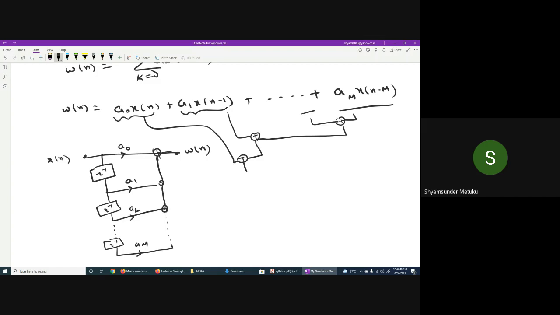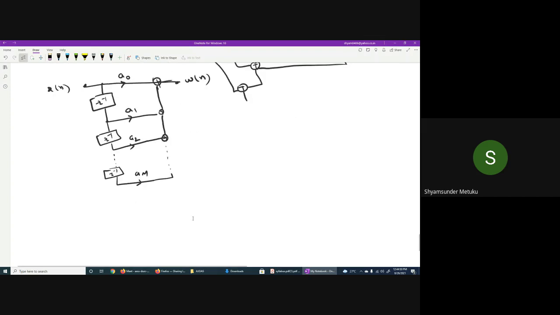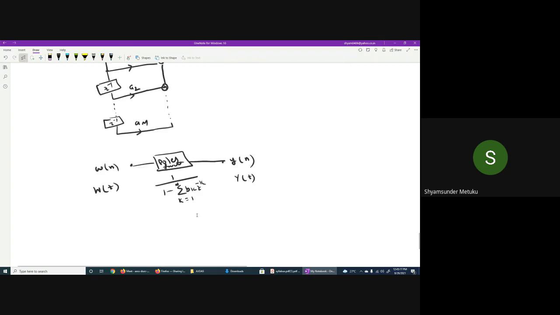Part 2 is yet to be completed, right? What does part 2 say? w of n will be the input. Output is y of n. And what is the block? Poles function. Again, in terms of the z transform, W of z over 1 minus summation b_k z power minus k, k is equal to 1 to n, then this is y of z. So what is the y of z equation now?